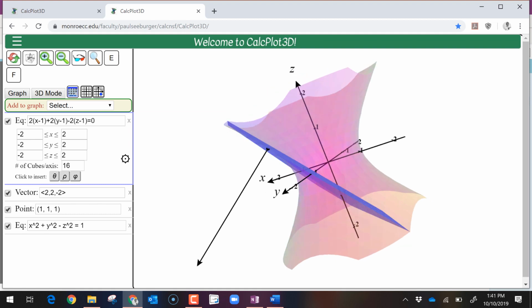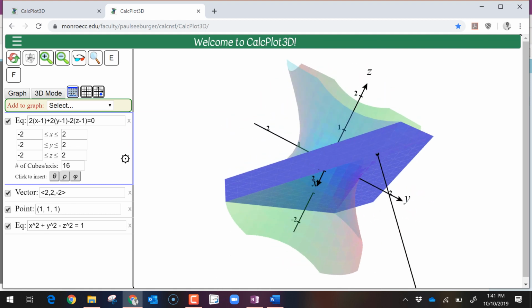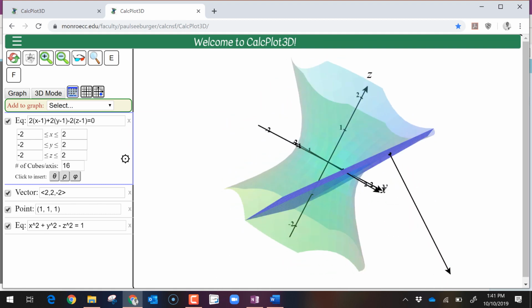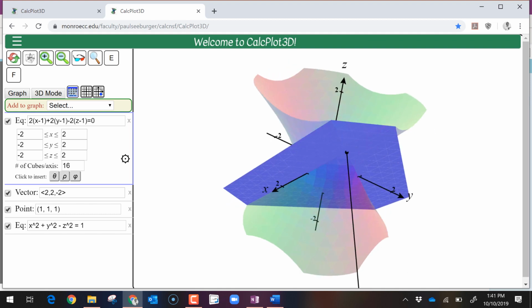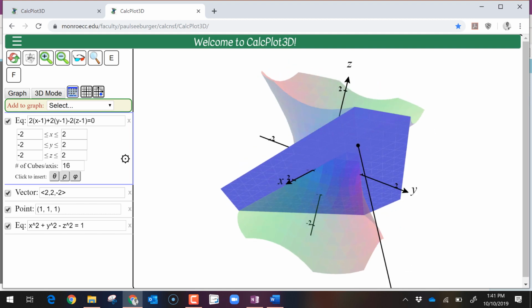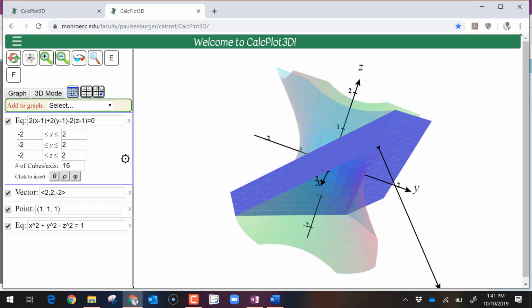Looking pretty tangent, huh? Okay. So with this, you can actually find a tangent plane. You can also find a normal line. That's another thing that they ask for sometimes. So let's find a normal line.